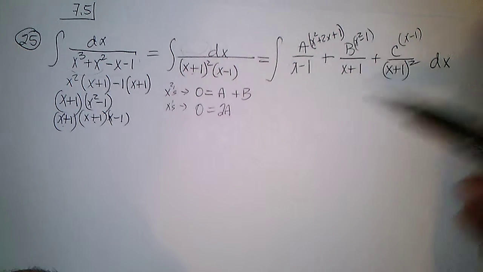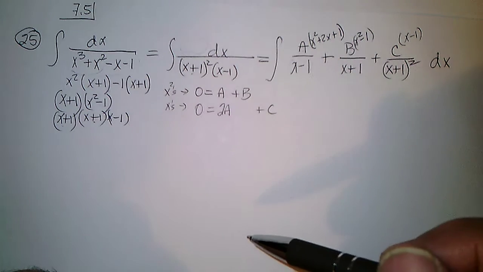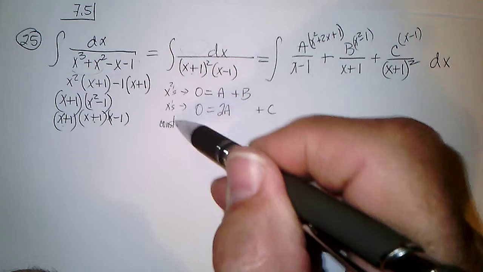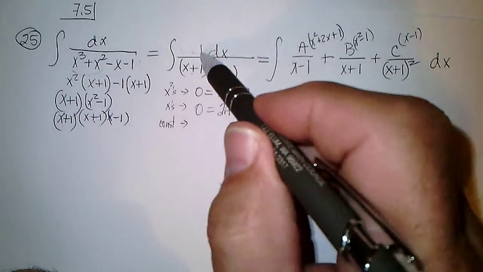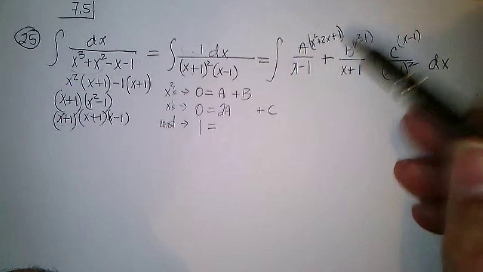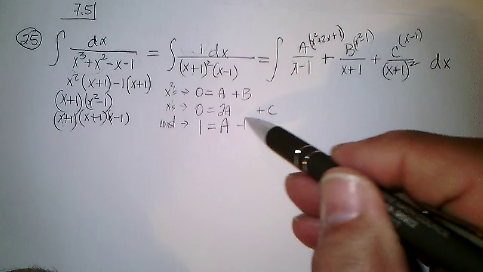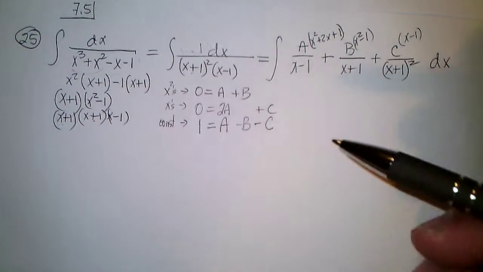And here there's no x's, and here's an x. And then looking at the constants, there's a 1 here, 1 over all this, so I'd have to say 1 equals A minus B minus C.